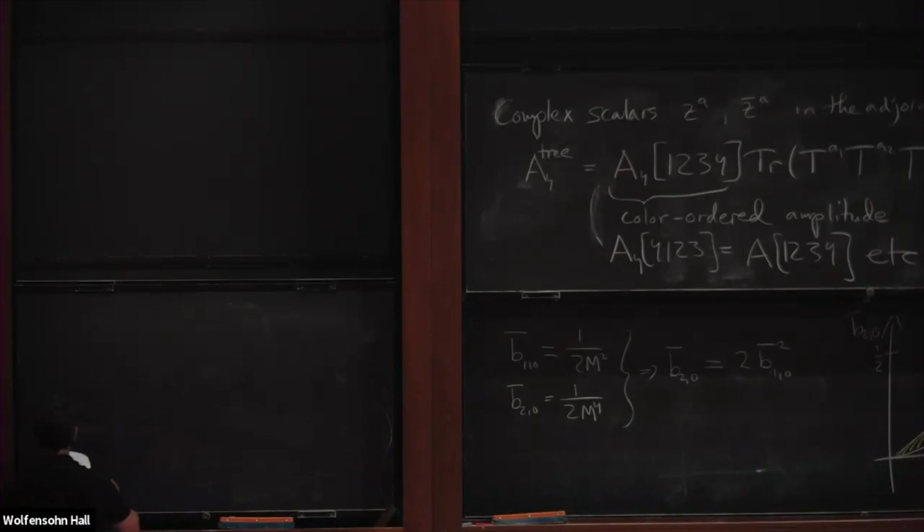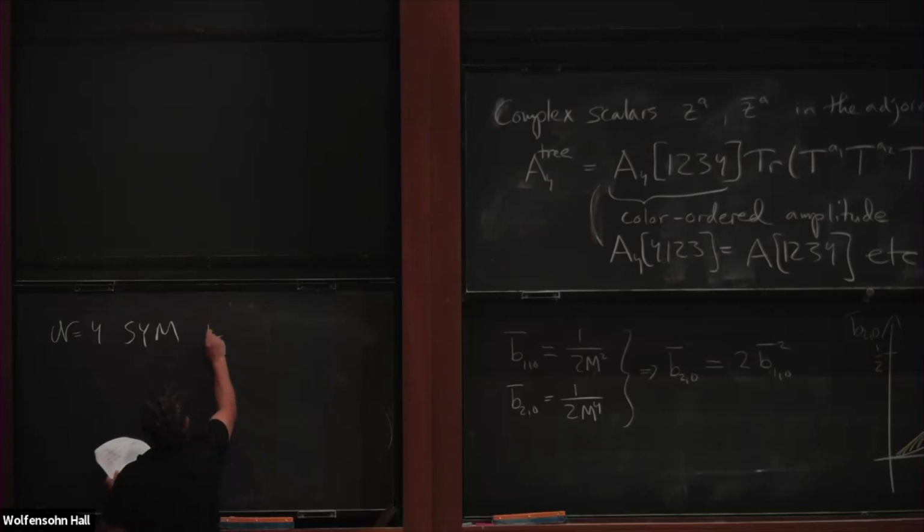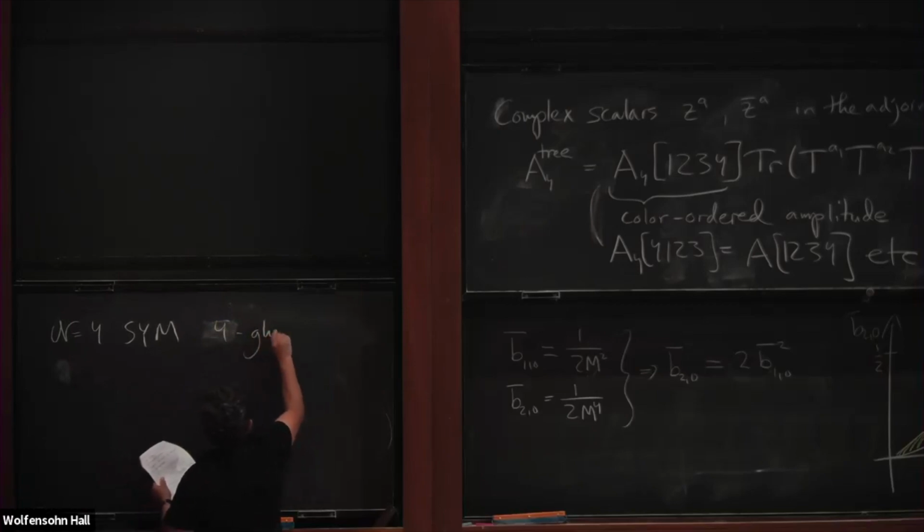But I'll simply tell you this: in N=4 super Yang-Mills, well, not even EFTs, any theory with N=4 supersymmetry, I can write the 4 gluon amplitude in the following way.